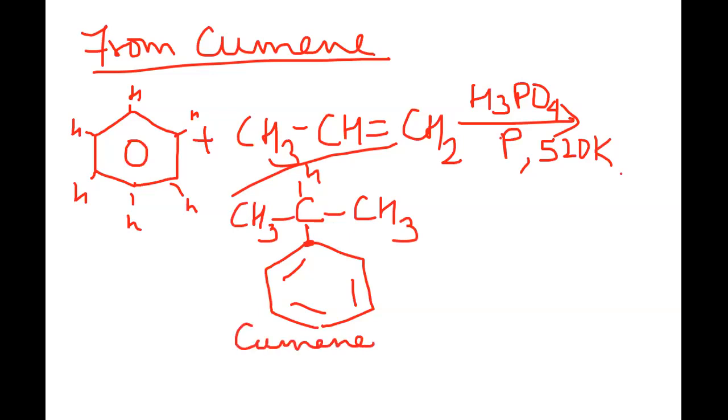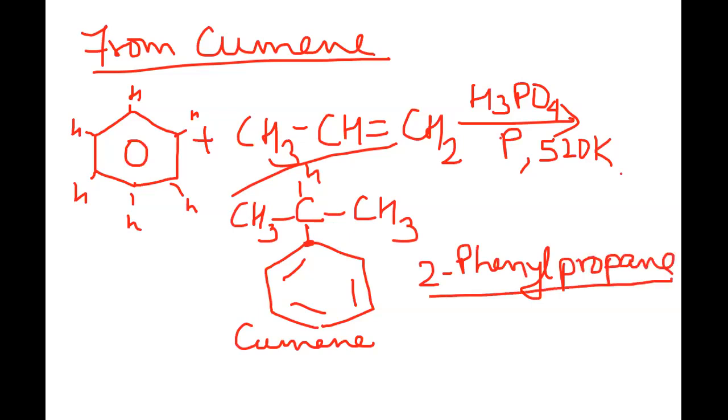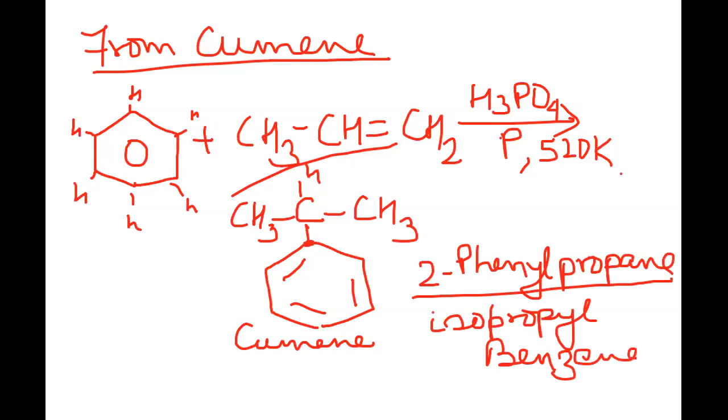It is also called 2-phenyl propane. You see, this is the IUPAC name of the compound, or you can also call it isopropyl benzene. Now look at the names. This is the IUPAC nomenclature, so you will select the straight chain which is the longest.